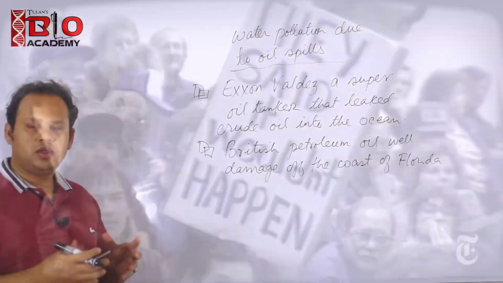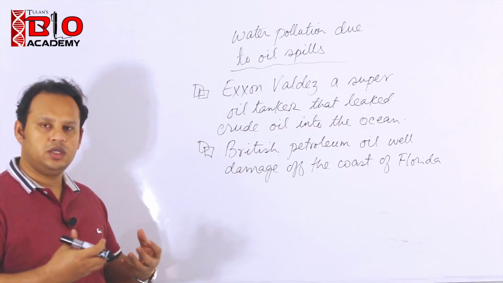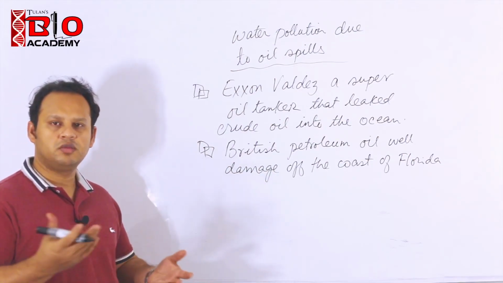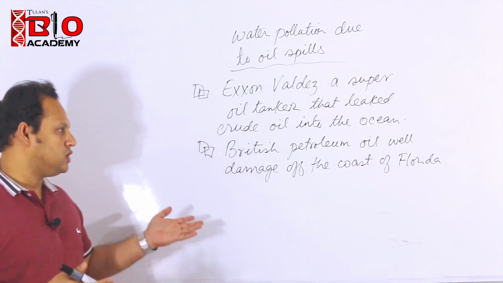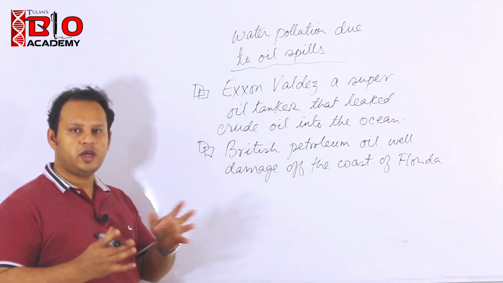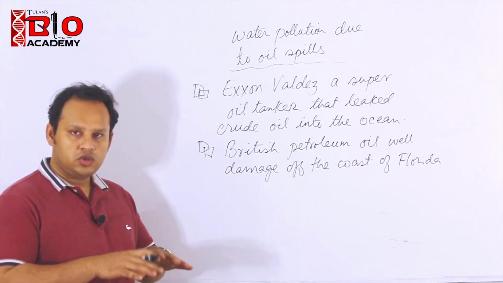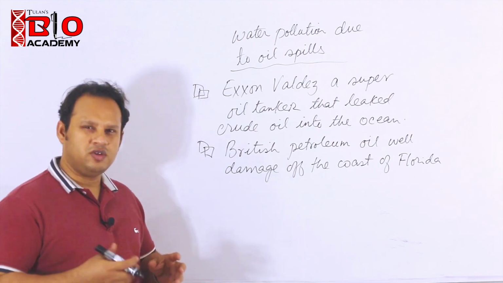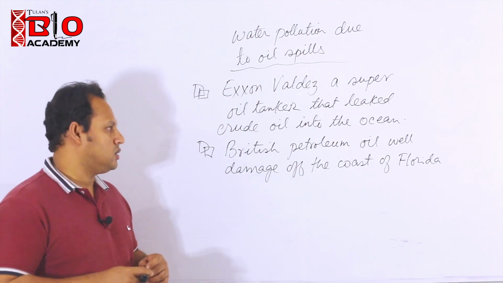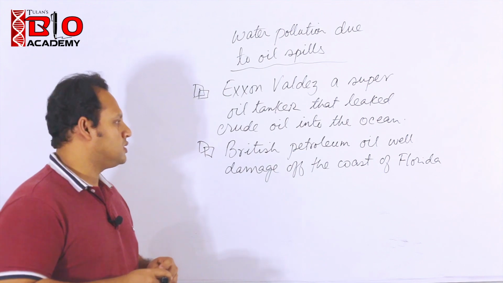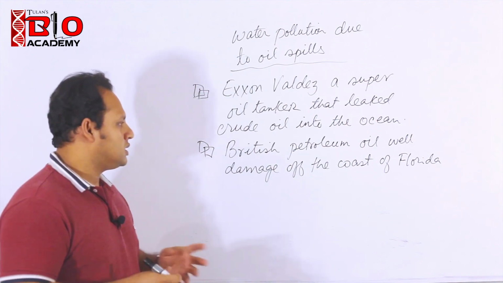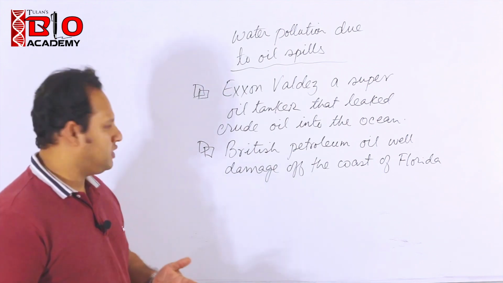It also causes fish and other marine life to get stuck in it, because even seagulls and birds, when you search on YouTube, you can find the videos. They're actually stuck in the oil because oil is very thick, and they actually die a very painful death.